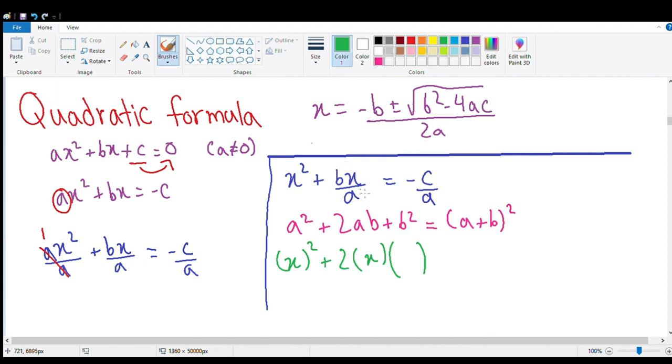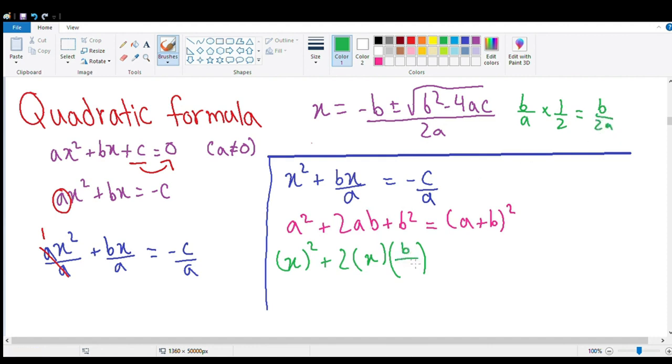B over a is not the value of b, basically. We need to find b's value, and how we're going to do that is we're going to multiply b over a by 1 over 2. So whenever you gotta find b's value in completing the square, you gotta multiply it by 1 over 2. So it's gonna be b over 2a. We're gonna write that over here.